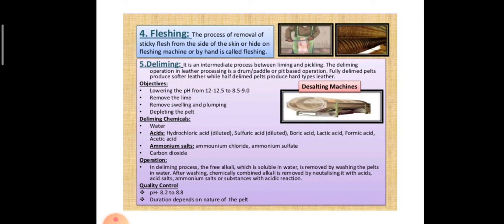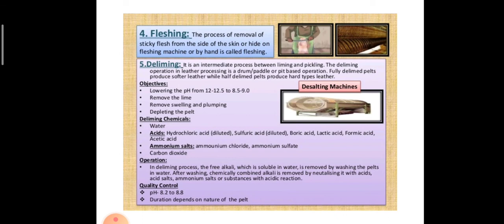The next process is fleshing. Fleshing is the removal of sticky flesh from the sides of the skin or hide, on a fleshing machine or by hand.